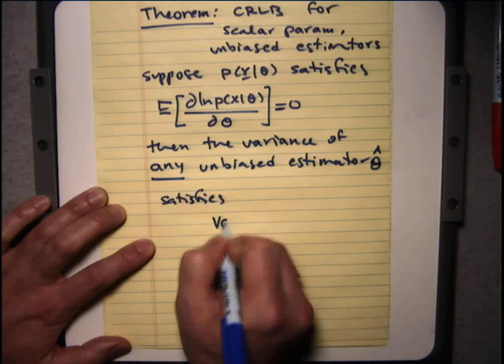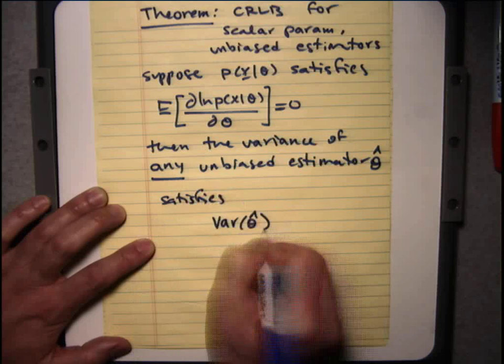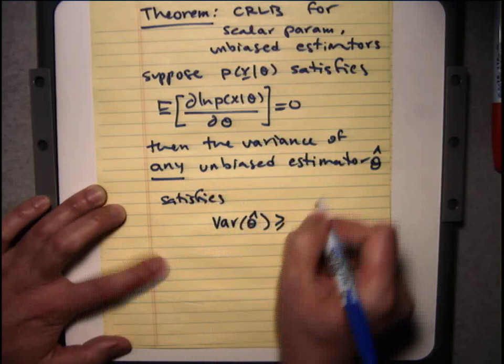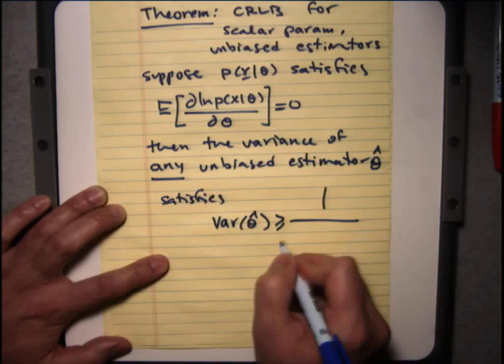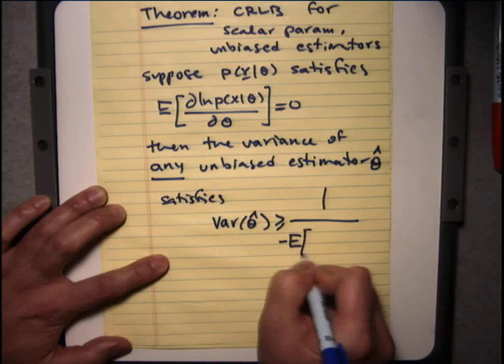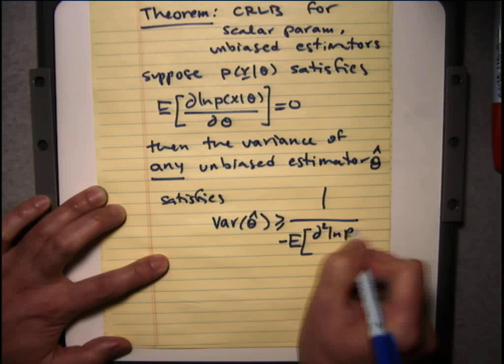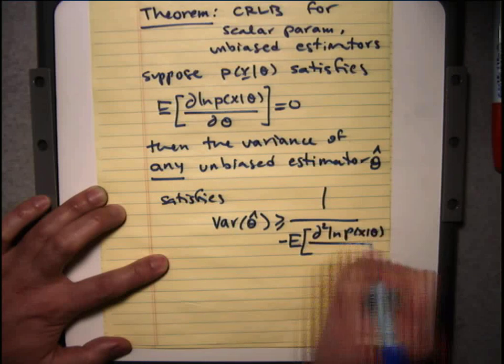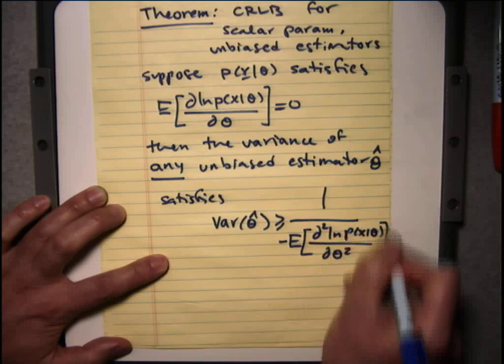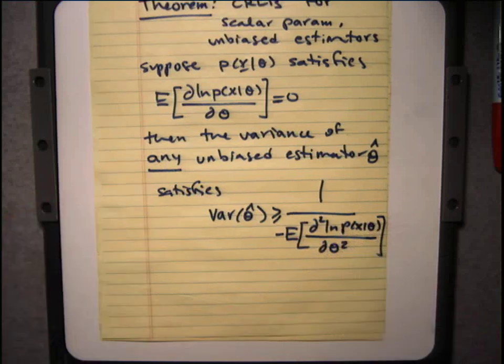The variance of theta hat is less than or equal to 1 over minus the expected value of the second derivative of the log of the PDF. Okay?